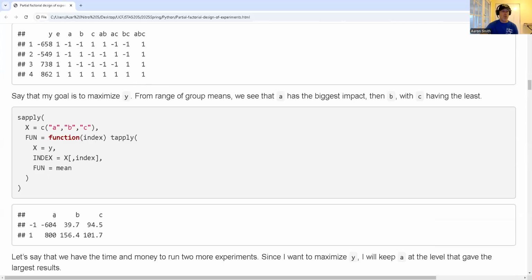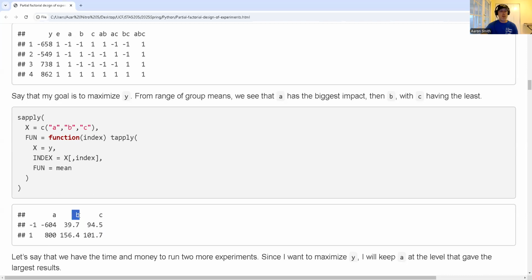Okay, so here is, when A is -1, the average Y is -604. When A is +1, the average is 800 for Y. So here's the average of Y for each constant value of B. If I set B equal to -1, Y is about 40.